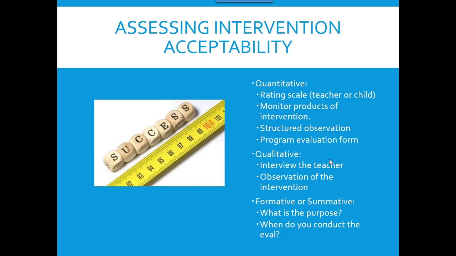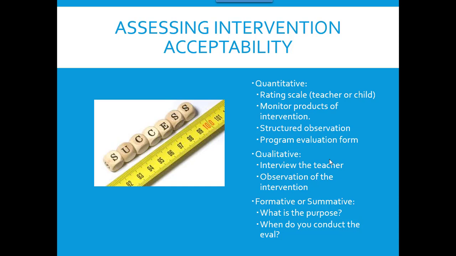All right, so assessing intervention acceptability. There are all kinds of ways to do this. There are rating scales for intervention acceptability. You can just meet with them, once a week, once every couple of days, whatever it is, just to talk to them qualitatively. You can observe them actually doing the intervention. You can have them do some sort of program evaluation.